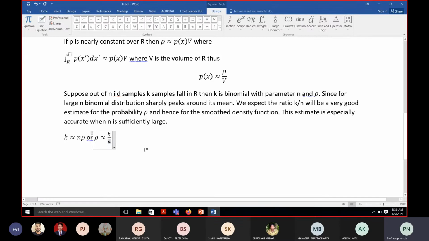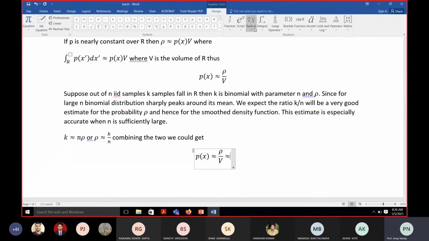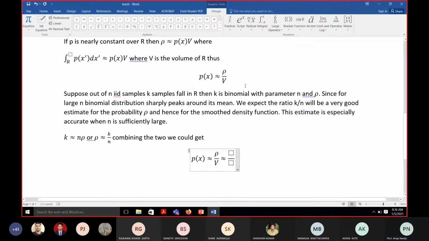Now if you combine the two, you could get the probability of x, p(x), by plugging in this formula: rho by v is approximated to k by n into v.